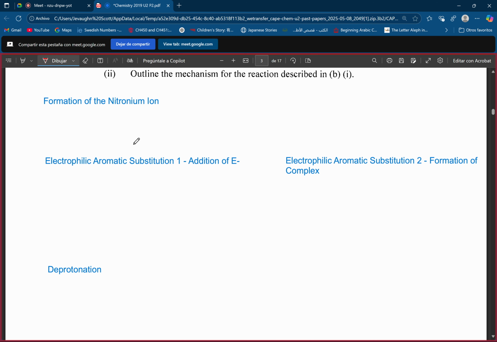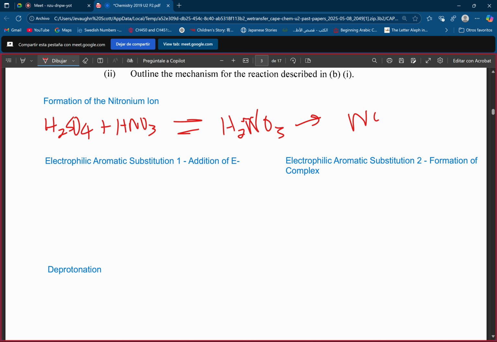Alright, so let's go. The first thing, as we were stating before, we're gonna end up with H2SO4 plus our nitric acid HNO3. Right? It is in an equilibrium at this moment to produce what? H2NO3, which will produce now our NO2, our nitronium ion.